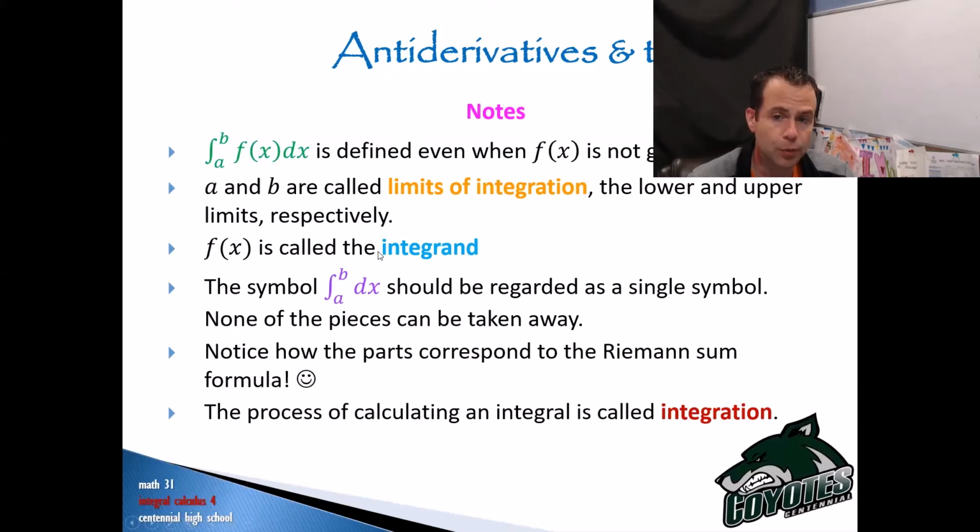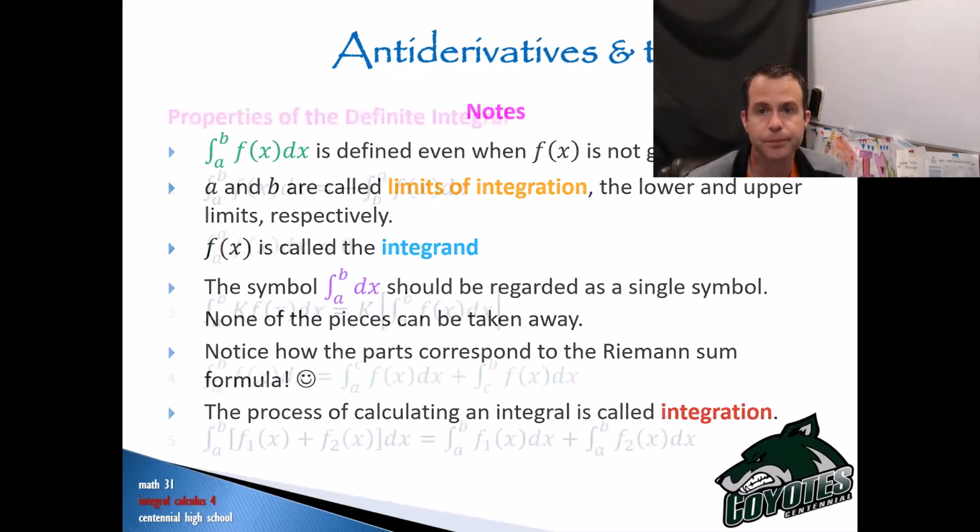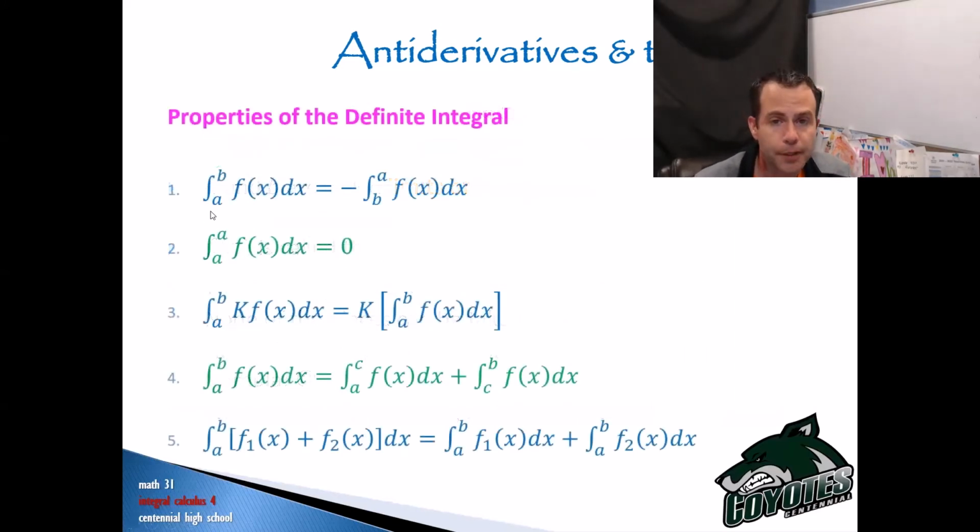The integral symbol, which we talked about earlier, should be regarded as a single symbol, and then the f of x goes in between. None of the pieces can be taken away. Notice how the parts correspond to the Riemann sum formula. The process of calculating an integral is called integration. Now, some properties that you want to get used to, and again, these will look familiar to you. They're very similar to the limit properties that we talked about.